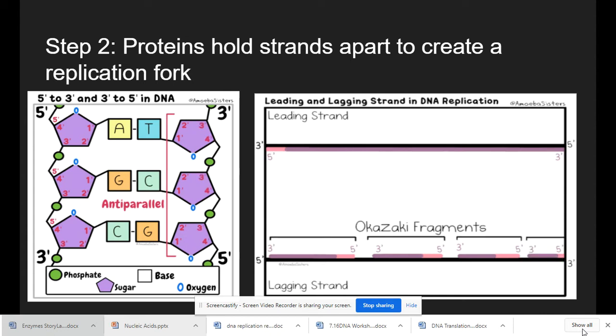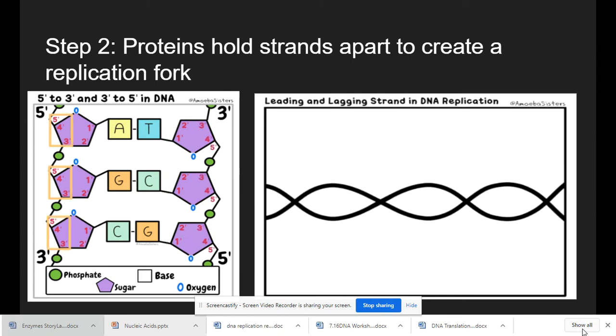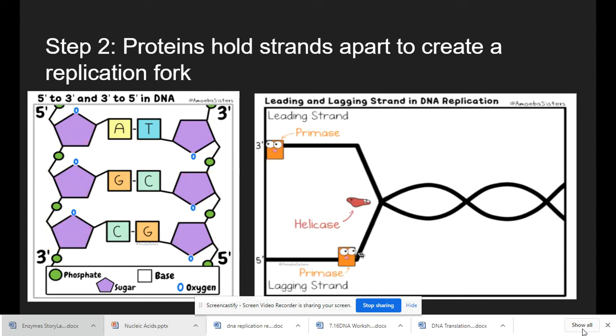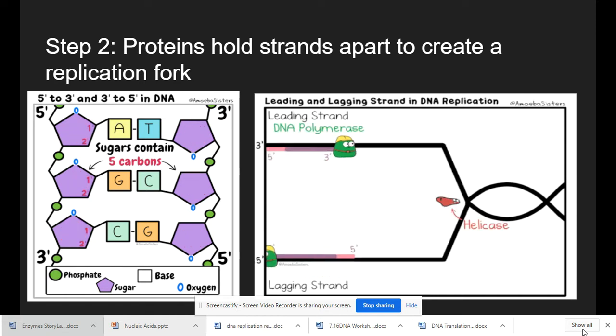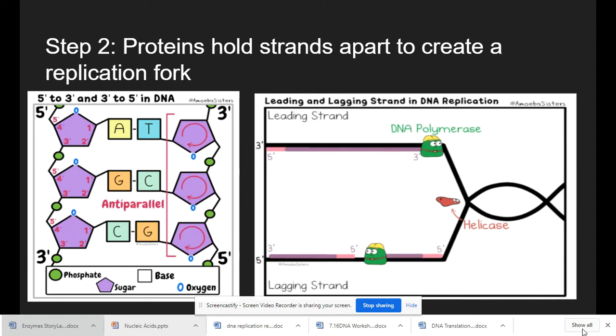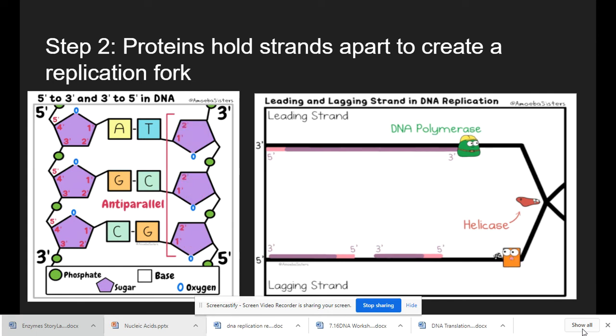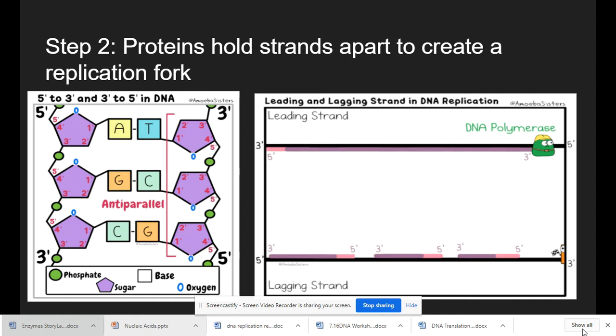And that DNA polymerase, its job is to read the DNA bases and make new base pairs to go with it. One of the things that's kind of interesting is you'll notice that there is a name for each of the strands. One of the strands is called a leading strand, and the other one is called a lagging strand. And they mean exactly what you would think.